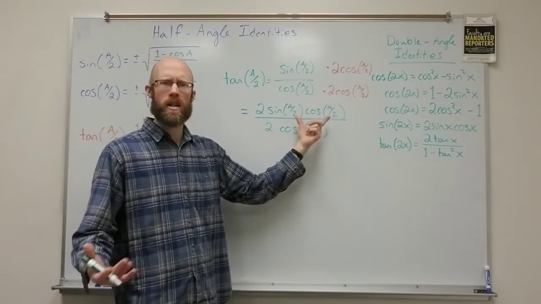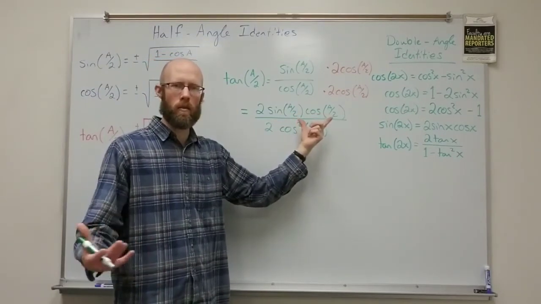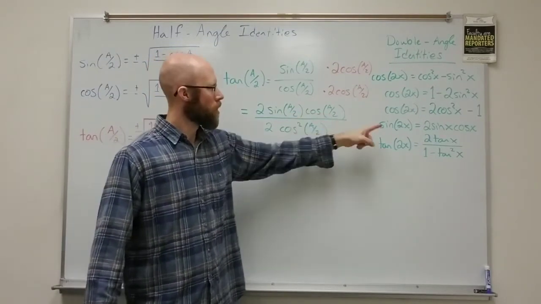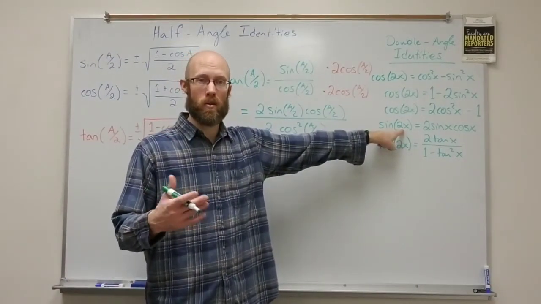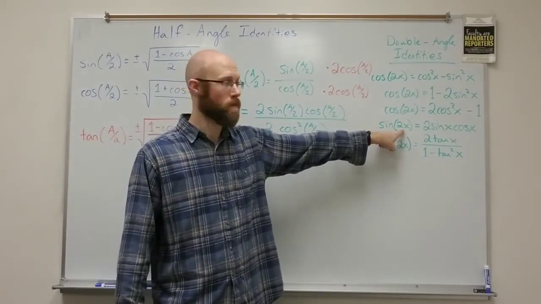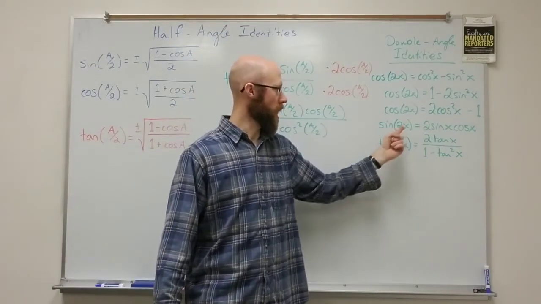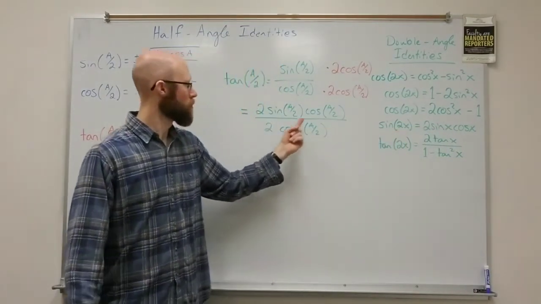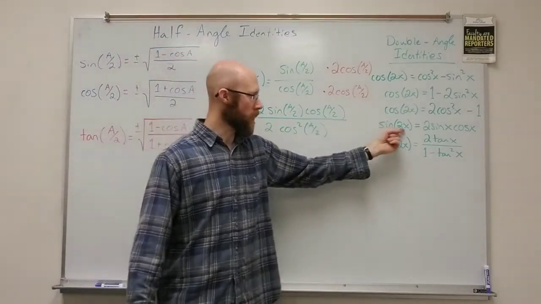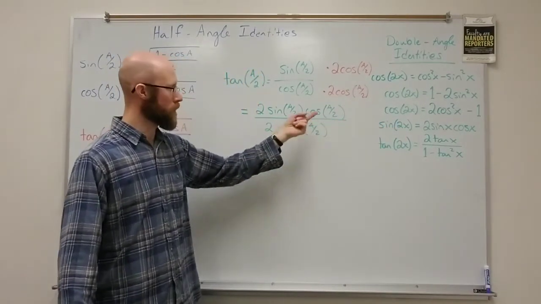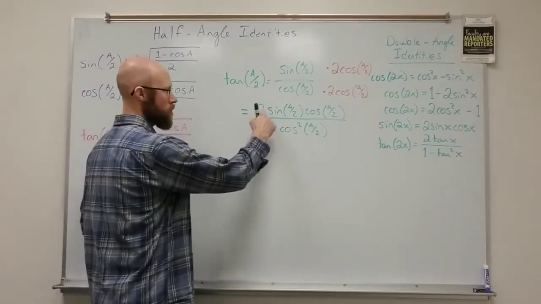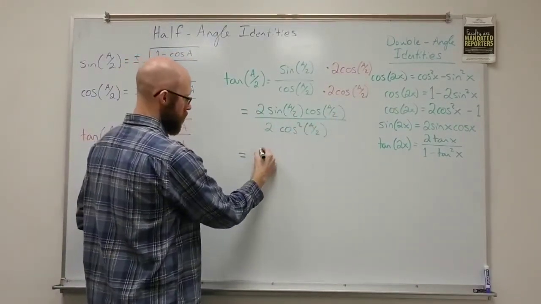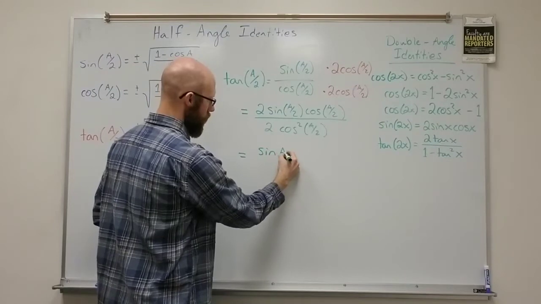But remember, x and a over 2 were the same a couple formulas ago, which meant that 2x was a, remember? That's where we got that relationship from. If x is half of 2x, then a going in here would be twice the a over 2. So what we're going to do is replace that top expression with the sine of a.